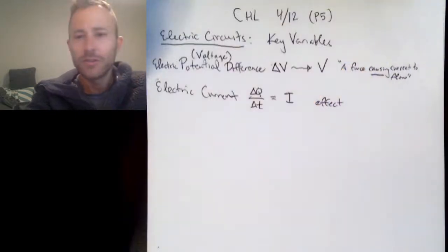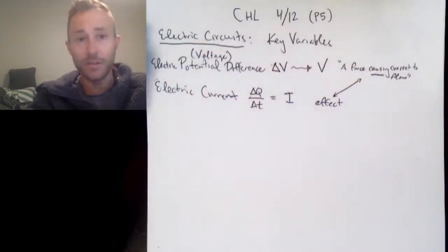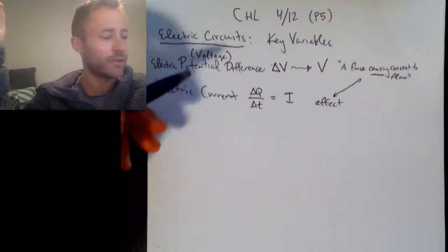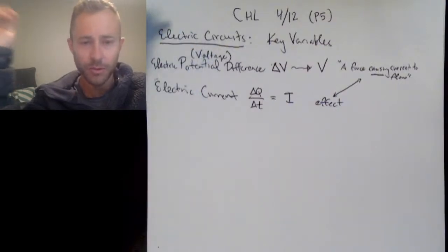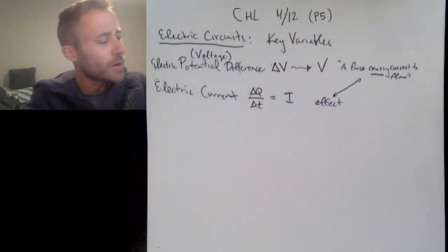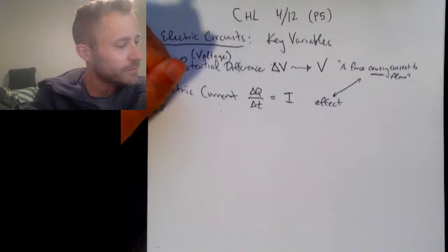Voltage is the cause, current is the effect. So you can't have anything happen in a circuit unless there's a voltage somewhere. Once there's a voltage, then stuff starts to happen. All right. So let me show you how to draw electric circuits.